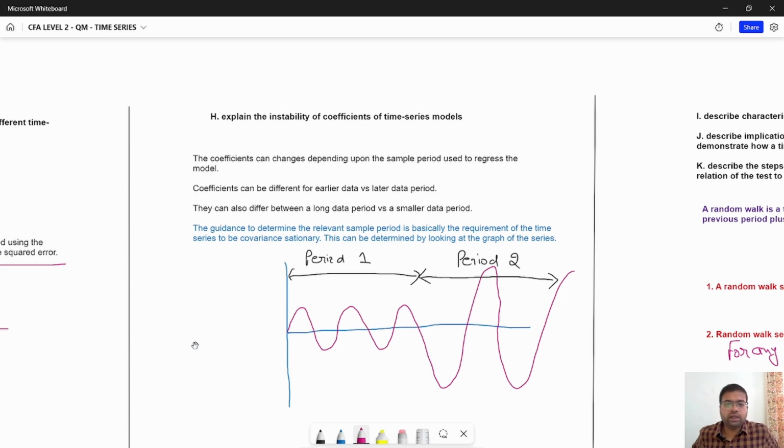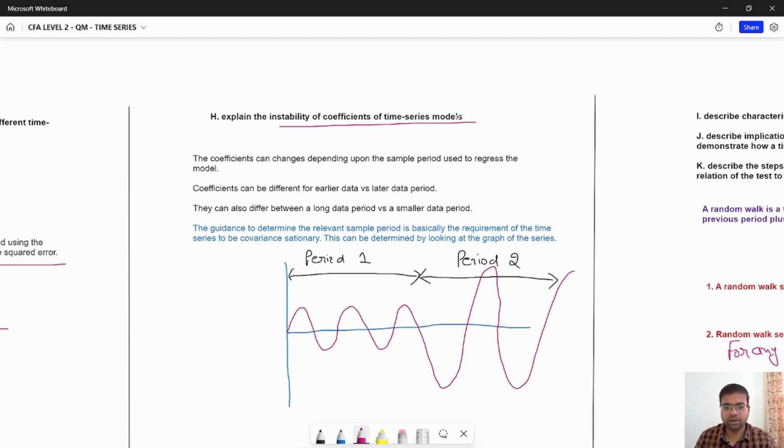Now let's see the instability of coefficients of time series models. The coefficients can change depending upon the sample period that we are using to calculate the model values. The coefficients can be different for an earlier data period versus a later data period, or they can also differ if you are using a longer data period versus a smaller data period.